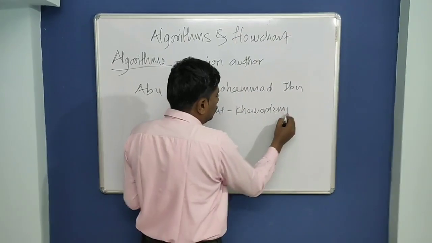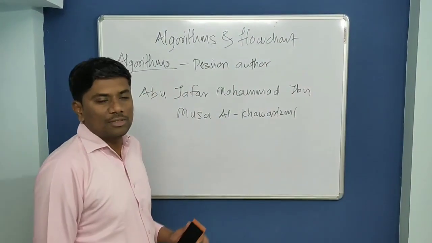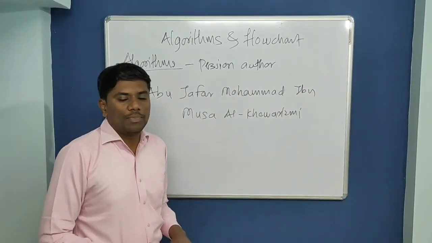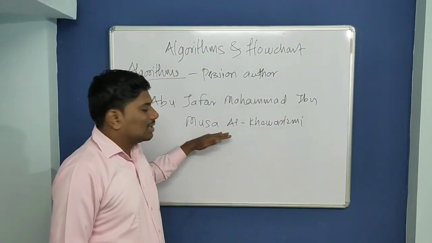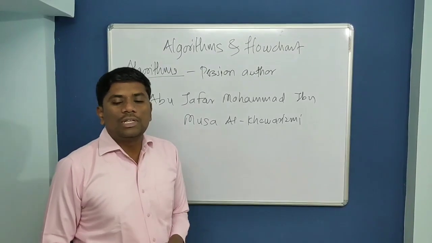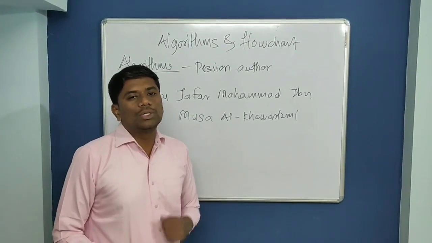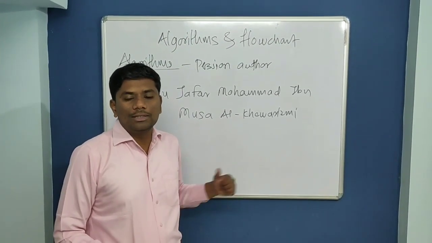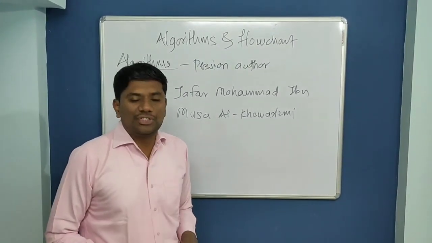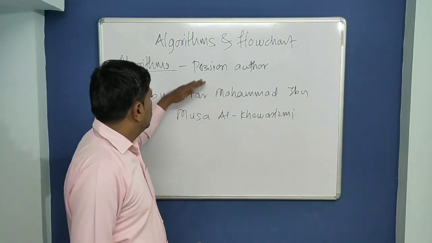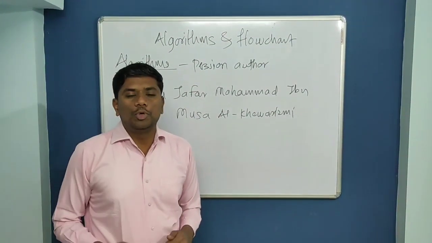He was a single person with this name, and he is the person responsible for the term algorithm. He coined this term, and professionally he was a mathematician. That's why the algorithm concept came into the picture.